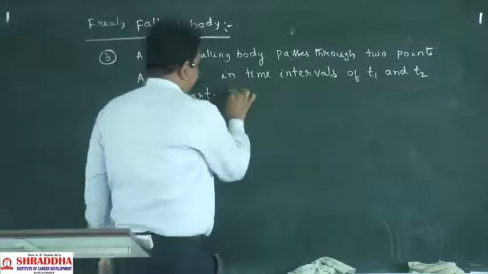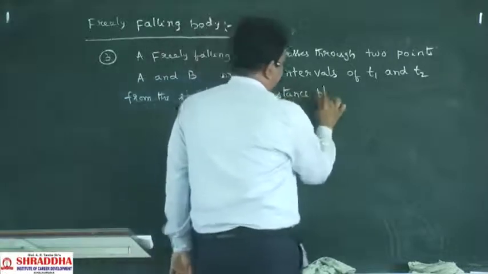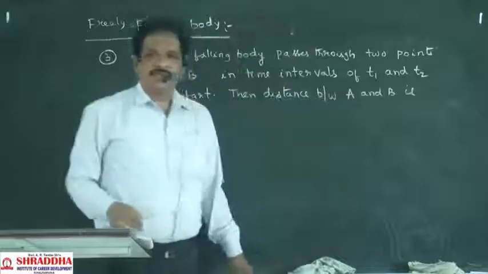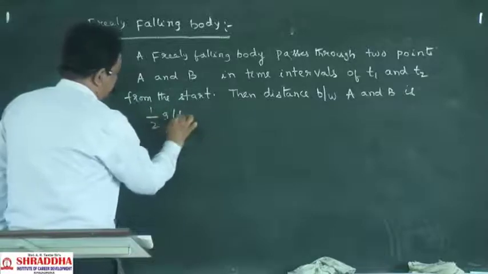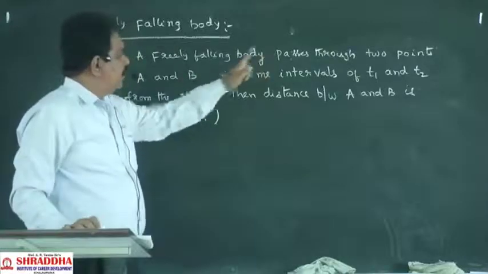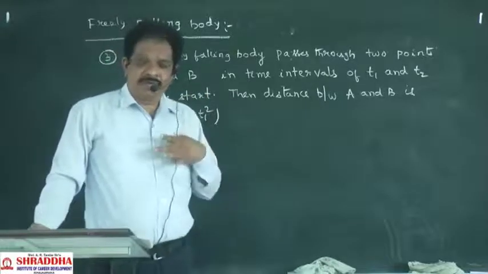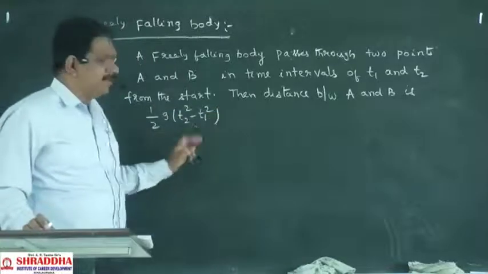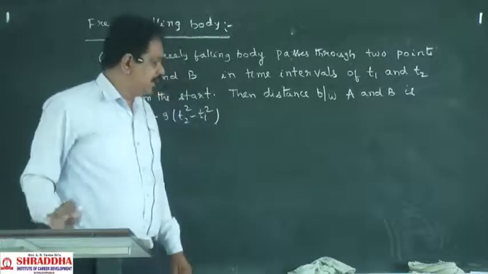Then the distance between A and B is 1/2 g into (T2 square minus T1 square).